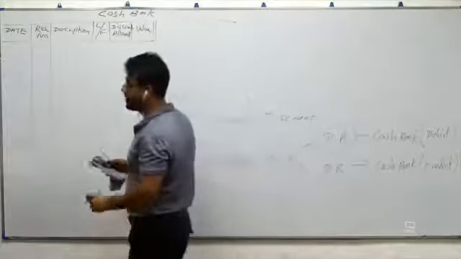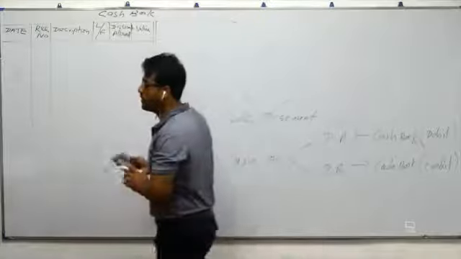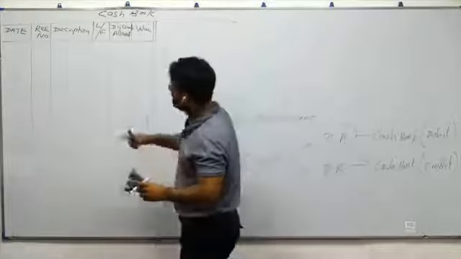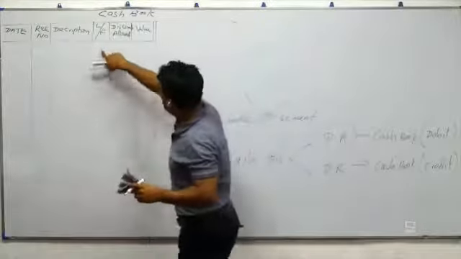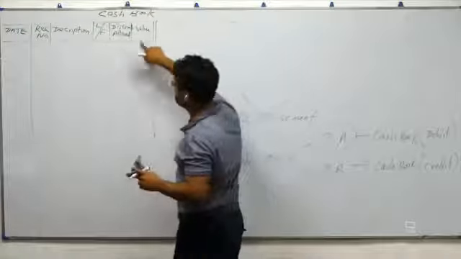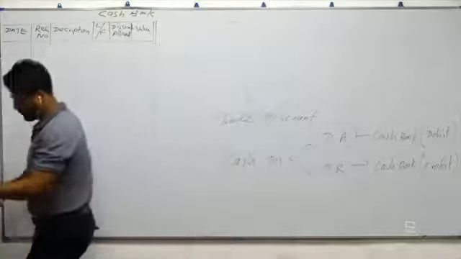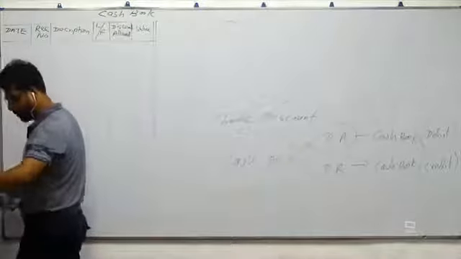This is one side of the cash book. Date, receipt number, description, ledger folio, discount allowed, and the amount or the value.